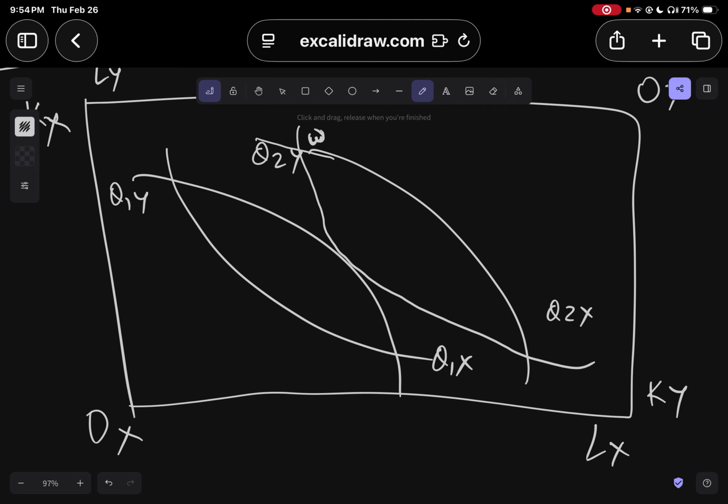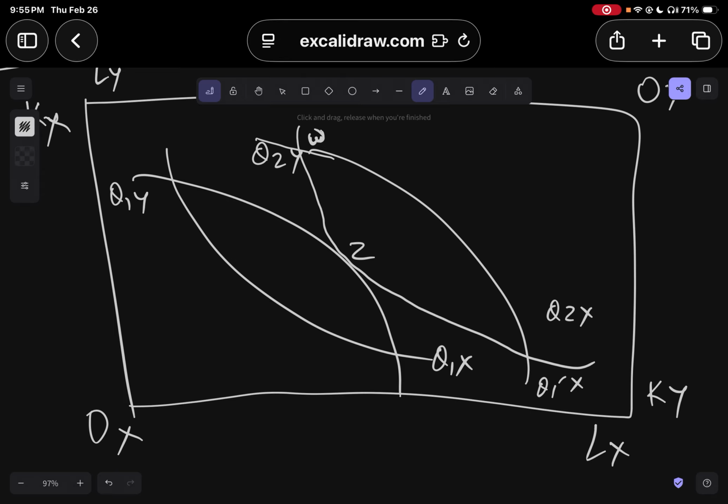This is Q1 dash X. Then it represents misallocation of resources. If more labor is transferred, taking it away from Y, and if more capital is transferred to Y, taking it away from X, then the economy will gradually reach point Z.